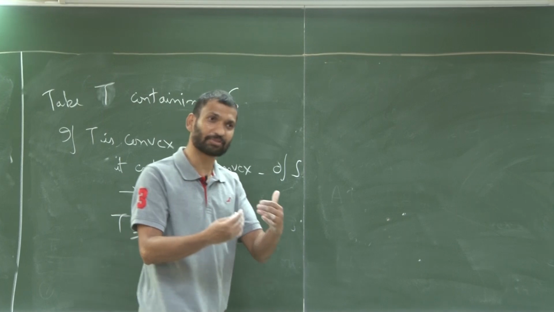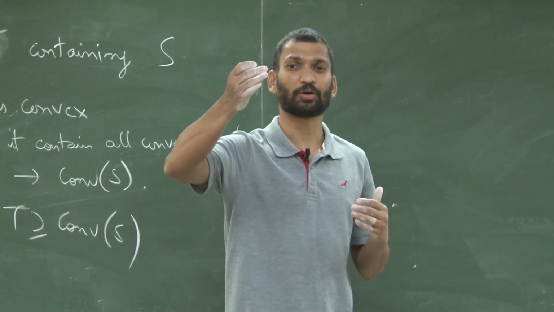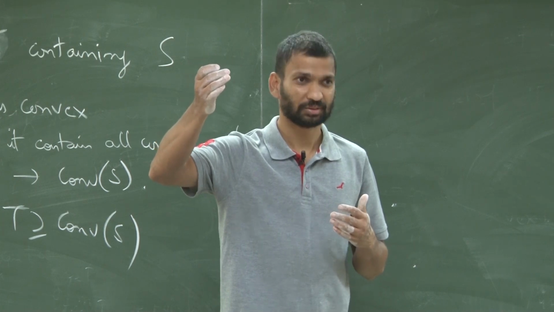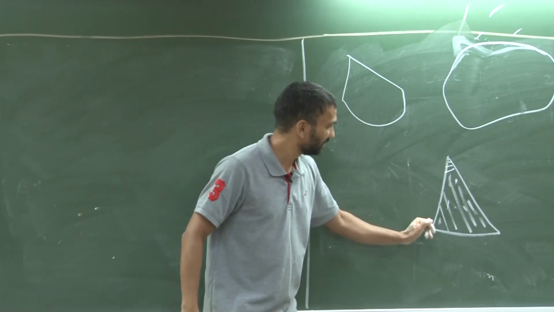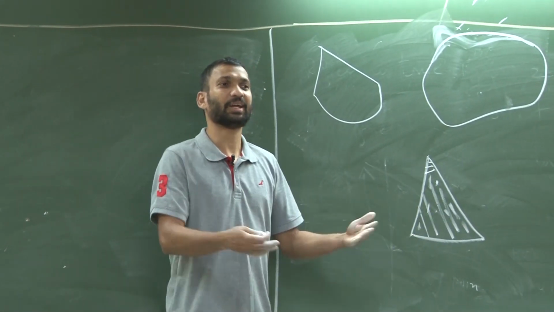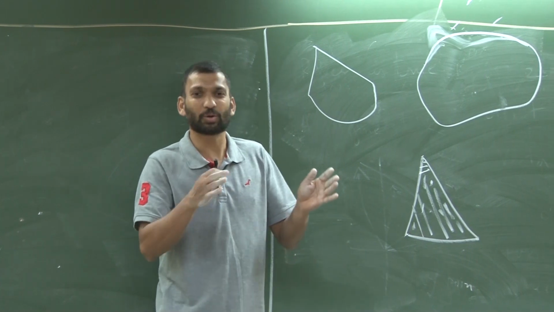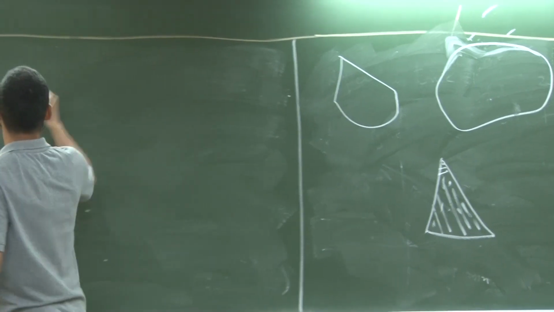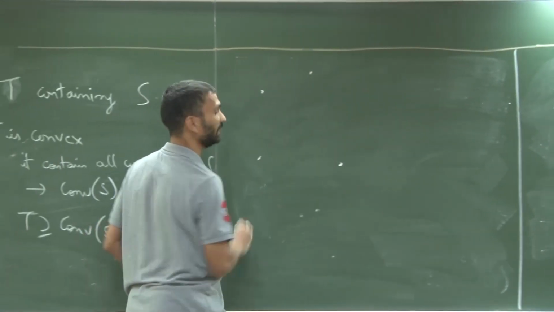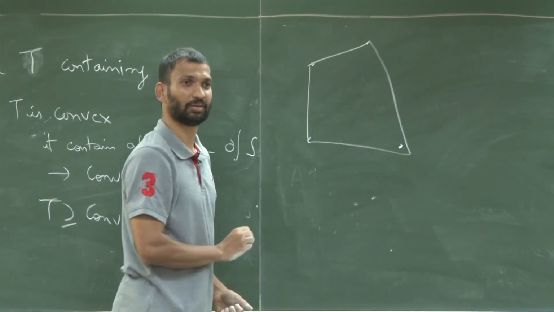Right? So we had affine sets. Affine sets were linear subspaces shifted by an offset. Now we are talking about convex sets. With 3 points it looks like a triangle. If I take 4, it will look like mostly a quadrilateral, sometimes a triangle. Great.